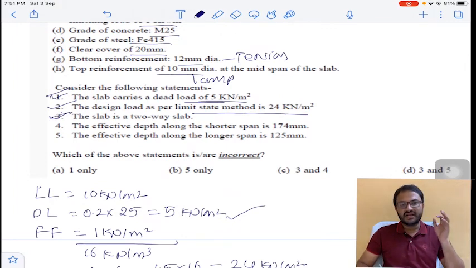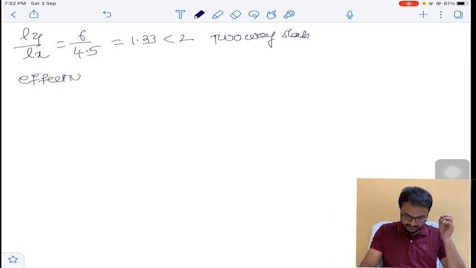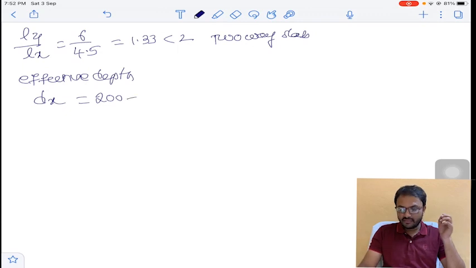So the given slab is a two-way slab, and statements 4 and 5 are related to the effective depth along the longer direction as well as the shorter direction. Now the effective depth along x direction, dx, is equal to the thickness of the slab, 200 mm, minus clear cover 20 mm, minus, along x direction the diameter of the reinforcing bar is 12 mm, so that is 12 by 2.